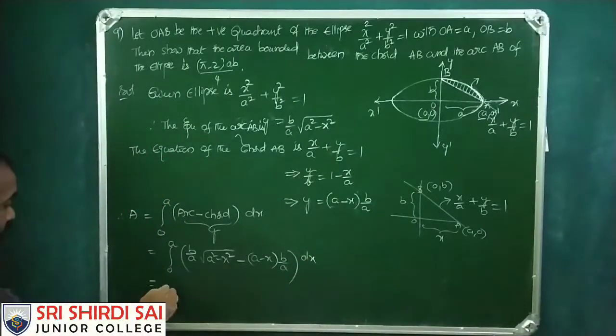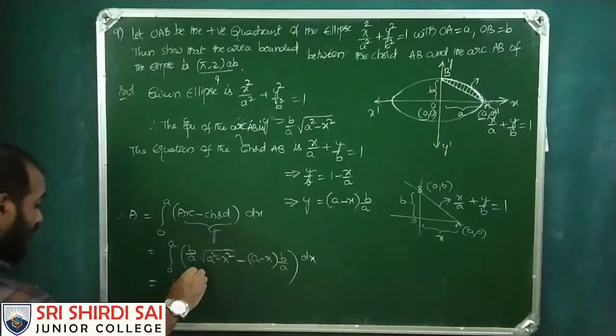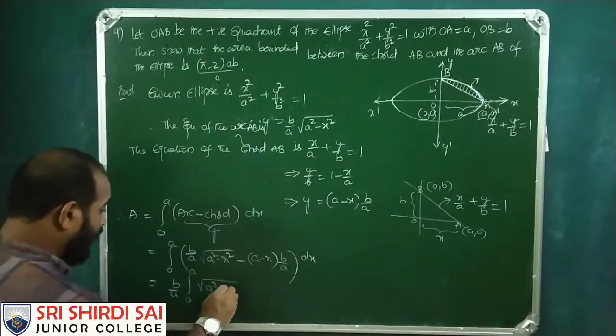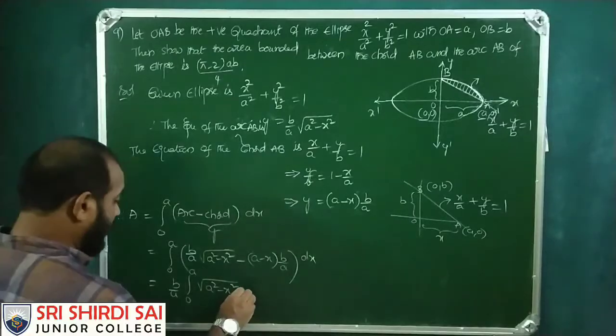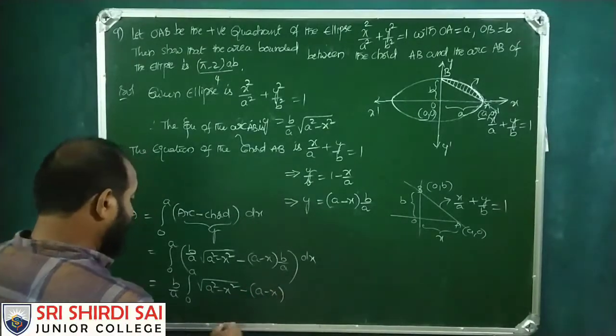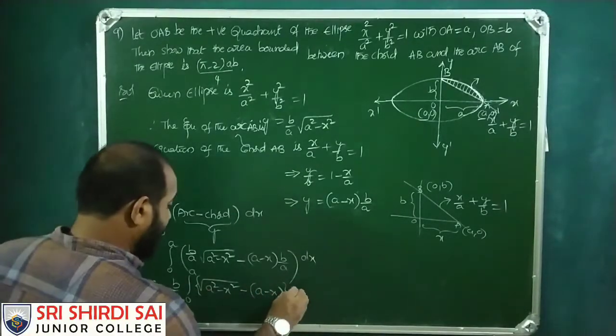This is equal to b by a, which is common in both of them, times the integral from 0 to a of square root of a square minus x square minus (a minus x) dx.